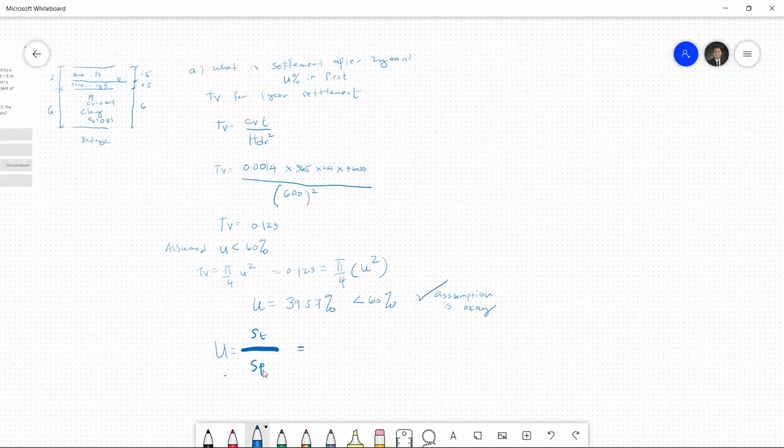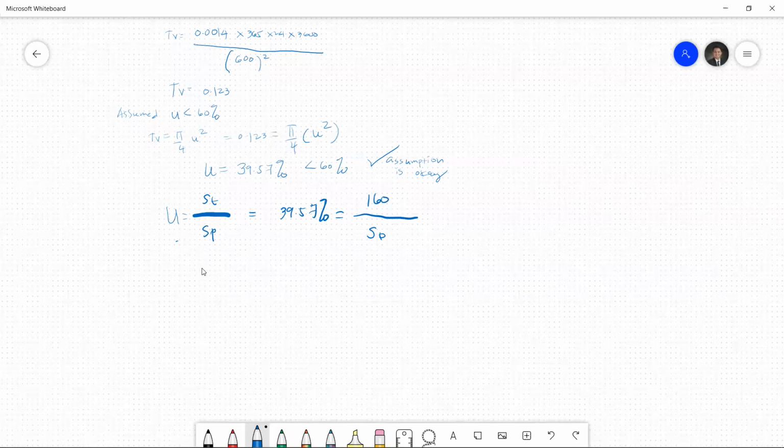Therefore, your 39.57% is equal to 160 over SP, where 160 is your specific ST. Therefore, your SP is equal to 404.347.